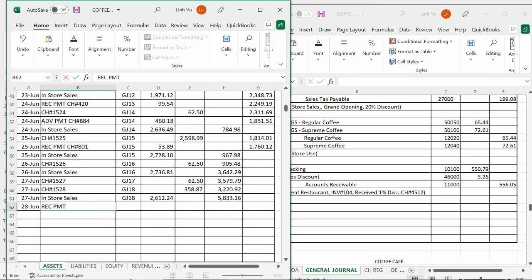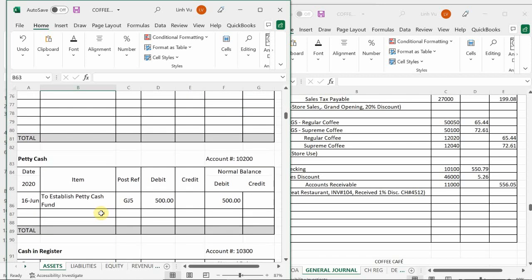Received payment, check number 4512, still on page 18 of our journal, for $550.79. So that should definitely increase your checking account to $6,383.95. Right?